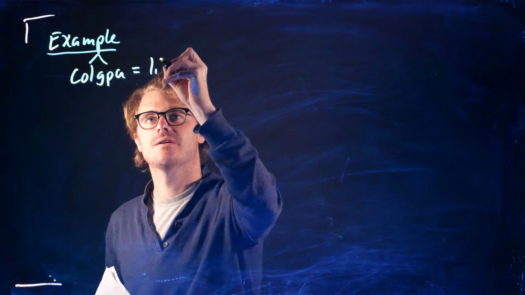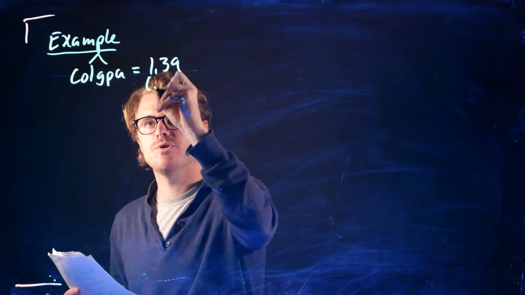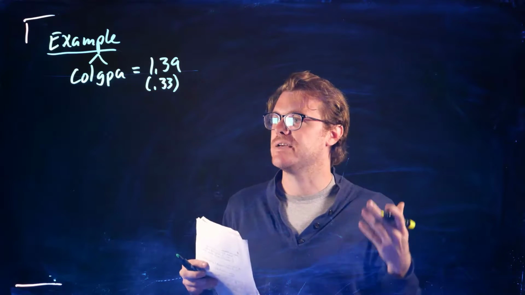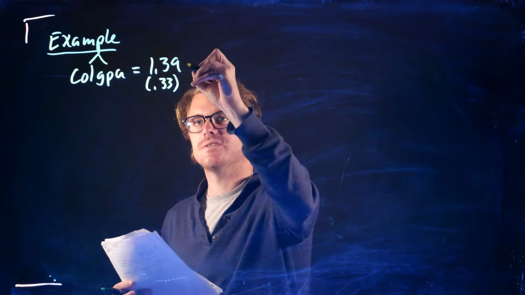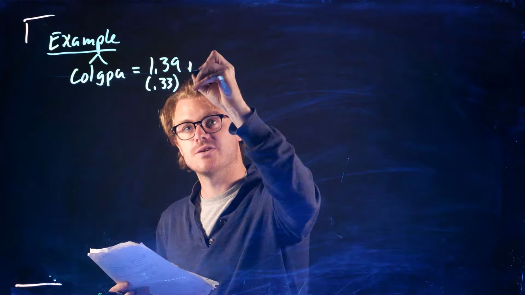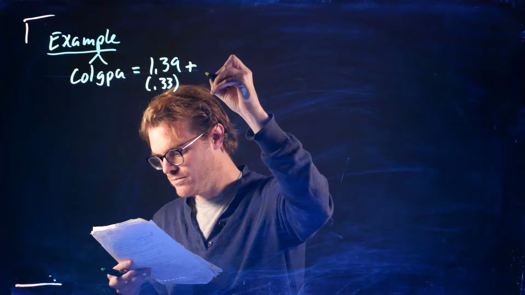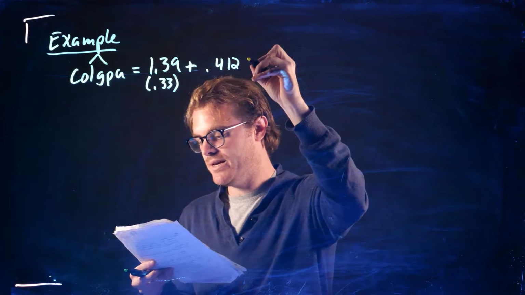So here's our beta hat 0, and below it in brackets is going to be our standard error. This is kind of a normal format to give regression results in. So this is our beta hat 0, this is our standard error. And so the first x variable is going to be 0.412, GPA.